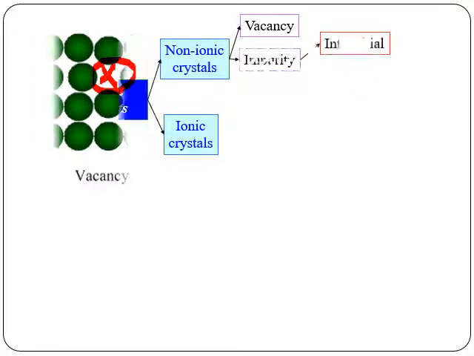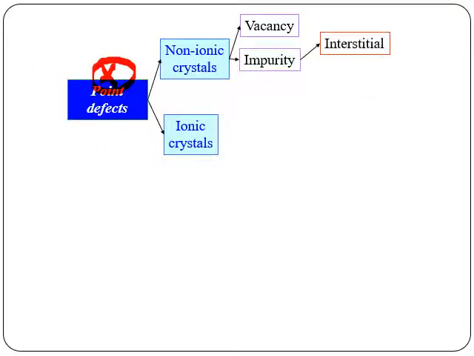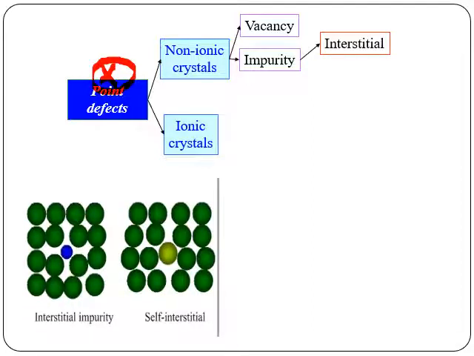Next, we call one more defect an impurity. Impurity means, if I have a perfect crystal, we add foreign elements to it. Foreign elements may occupy the interstitial position like this. If the size of the foreign atom is smaller, it will easily occupy the interstitial position.